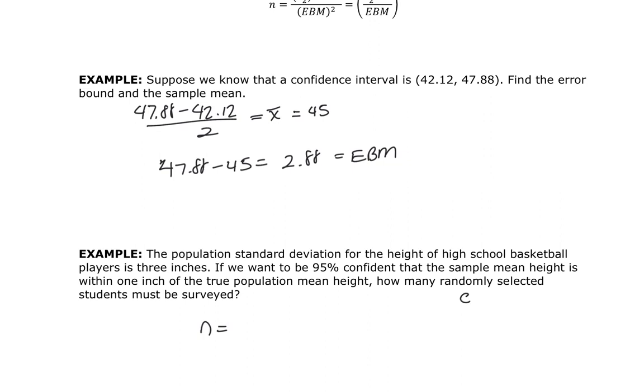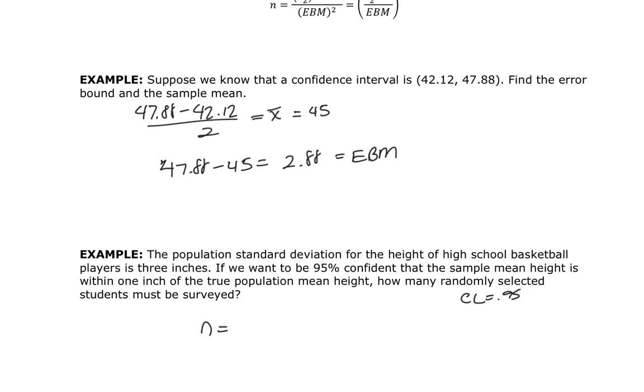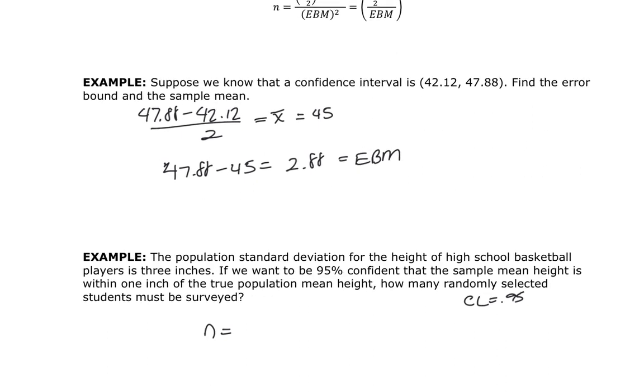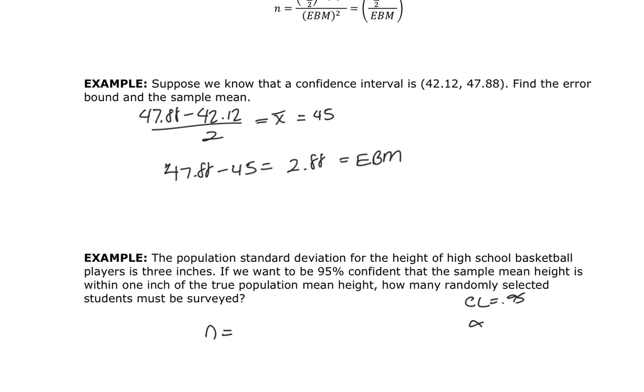If my confidence level is 0.95, then alpha divided by 2 is 1 minus 0.95 divided by 2. Then I would use my spreadsheet to find my z-score. It's going to be negative, but I'm going to square it so it doesn't matter.